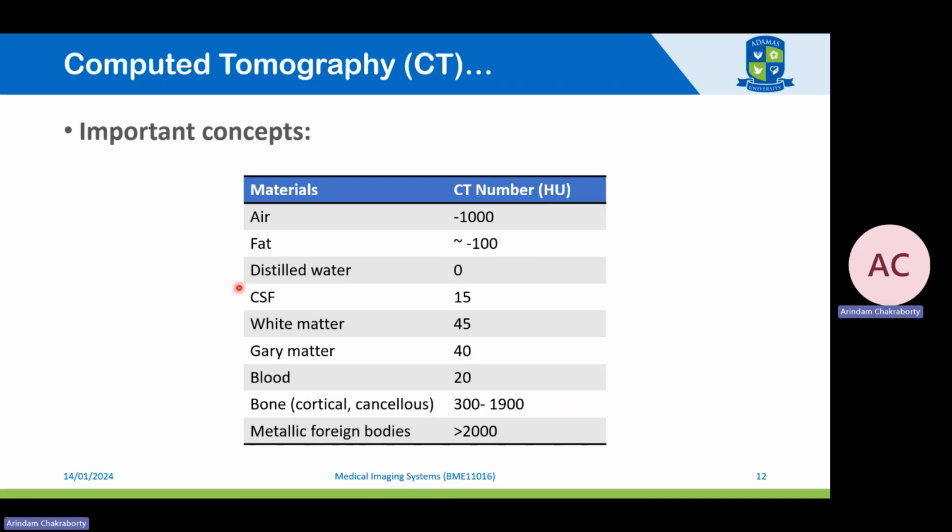Bone has a higher density, and can therefore absorb the X-ray to a greater extent than soft tissues, so it has a higher CT number that ranges between 300 or 400 to 2000. Metallic foreign bodies such as dental implants, hip implants, or any other metallic implants have higher densities than bone and higher X-ray absorption, and therefore their CT number is greater than 2000 Hounsfield units.